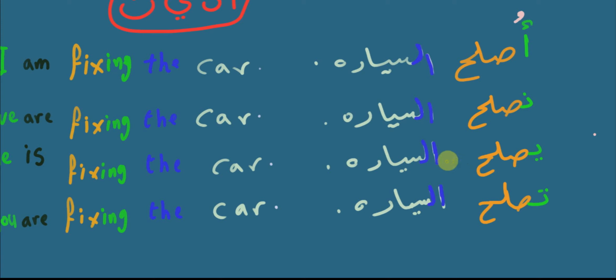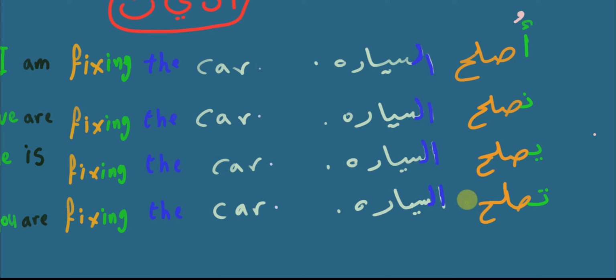يصلحون for the third person plural masculine. يصلحن for the third person plural feminine. تصلحن for the second person plural feminine. تصلحون for the second person plural masculine. تصلحين, as I said, you can say تصلحي, and for now you don't have to worry about that n.